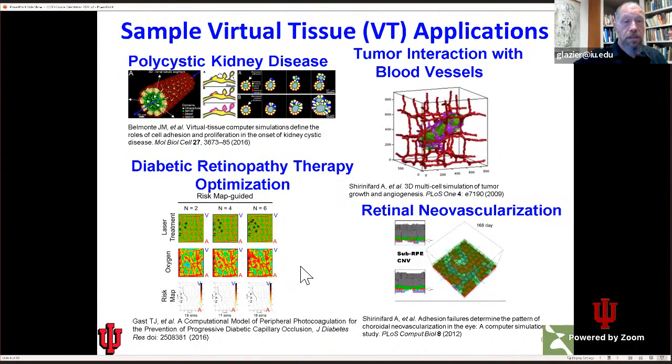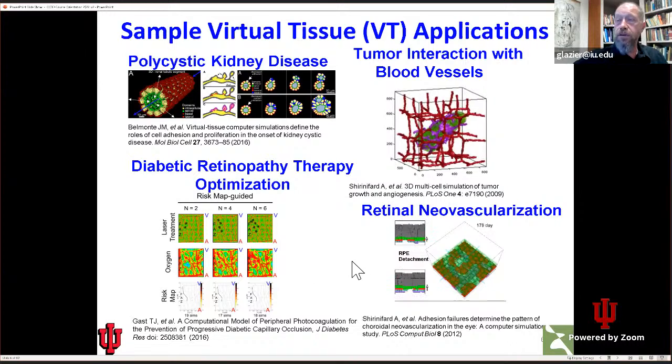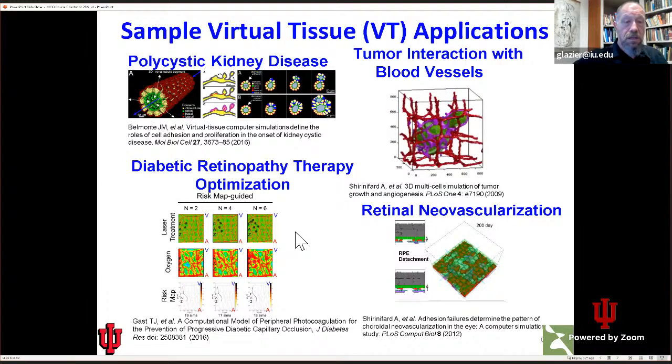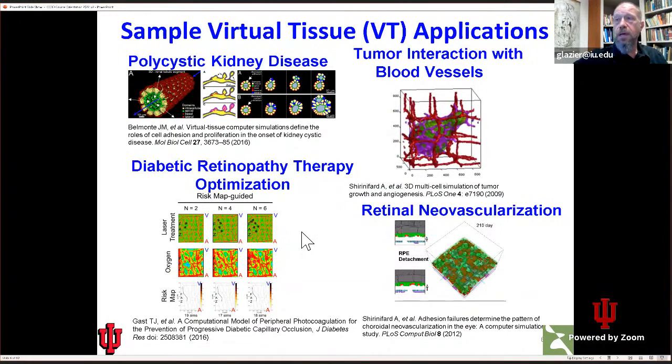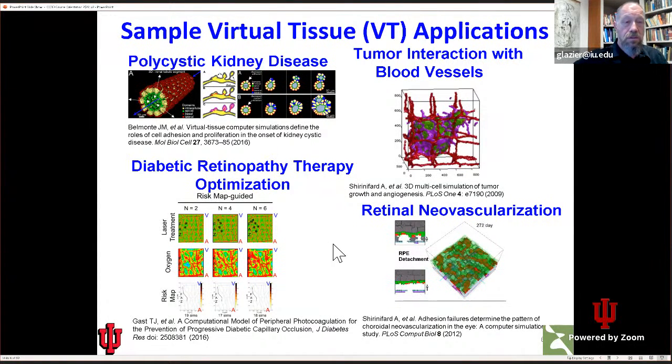This is a more biomedical application. We have a patient-derived image of blood vessels in the retina. We calculate the oxygen tension in the retina as a function of position. And in diabetic retinopathy, we have loss of blood vessels due to damage from the diabetes.